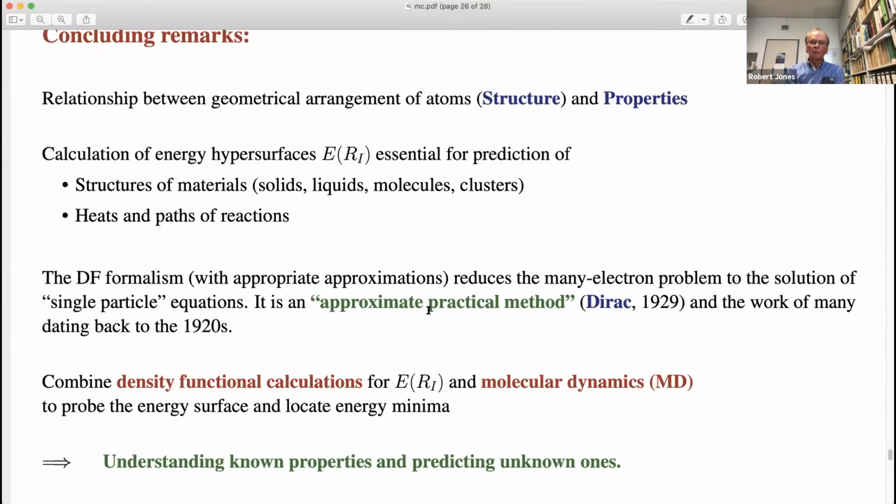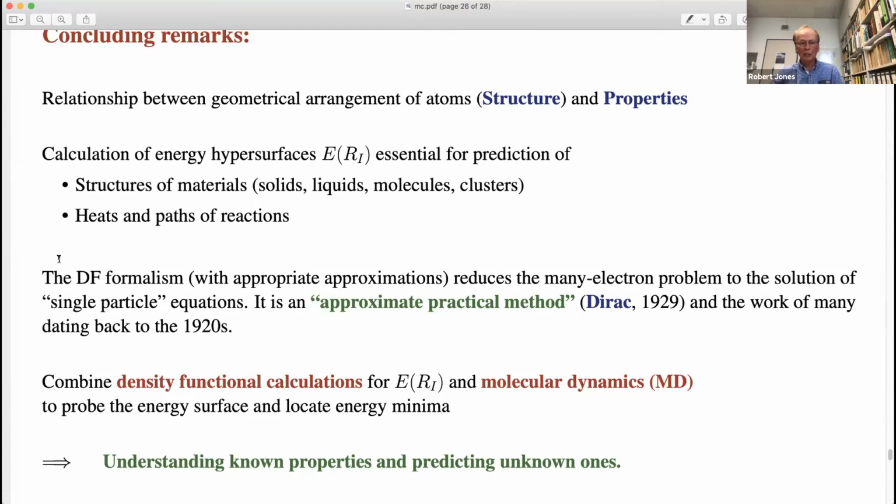I have focused again on the structure and the relationship between structure and properties. And this will apply, I'm sure, to neuromorphic materials, that if you are interested in properties, you will need to know where the atoms are. The way this is done in our work is to calculate the energy surfaces using density functional theory. I repeat, it is an approximate practical method.